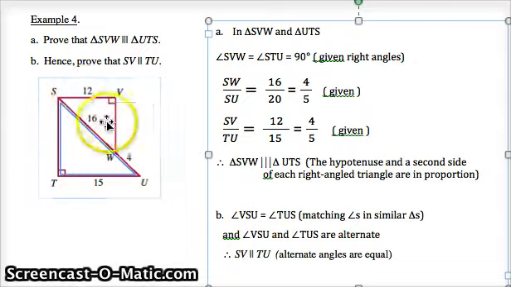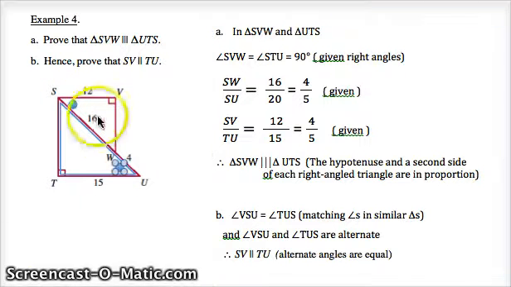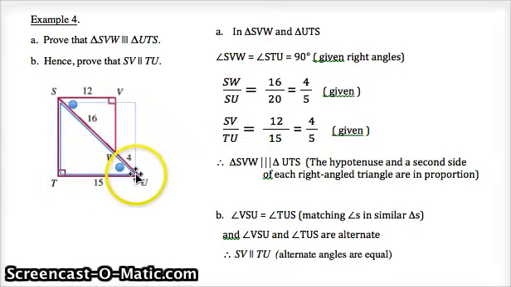Okay, now that we know that those two triangles are similar, we really should mark in the matching angles. Now, because we know that 16 is the hypotenuse and we know this other side 12, I've put a dot here in this smaller triangle. And the matching dot would go between the hypotenuse and this other matching side 15.